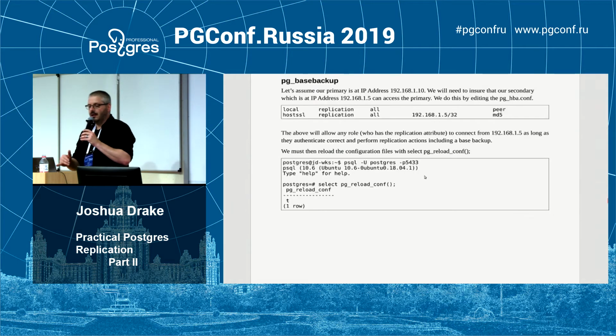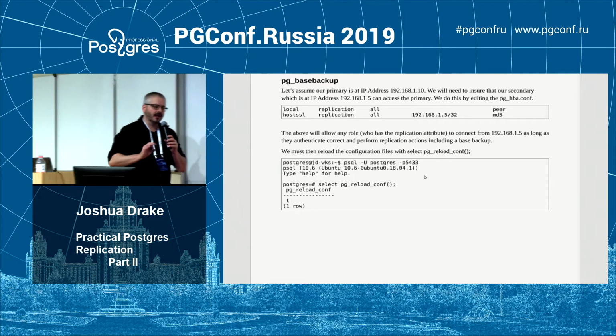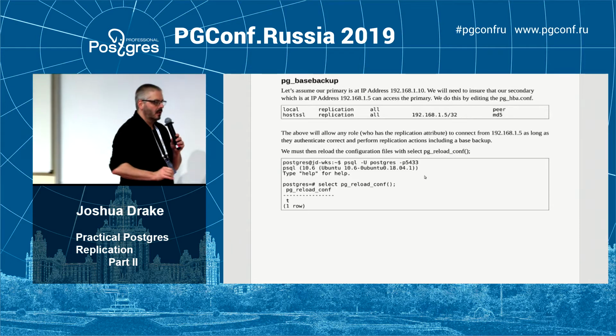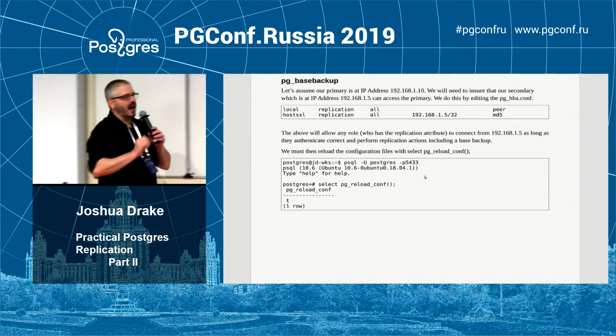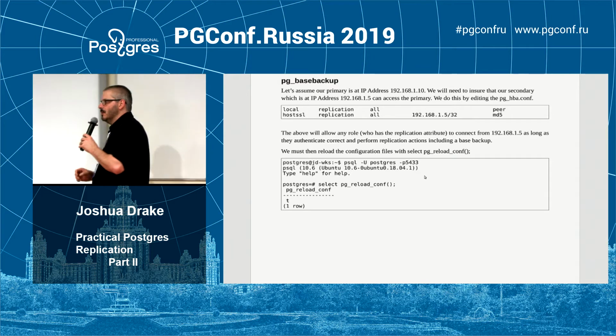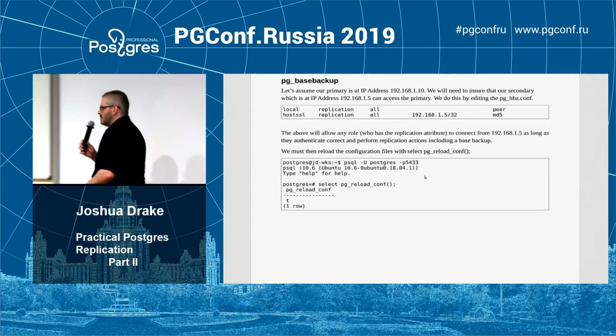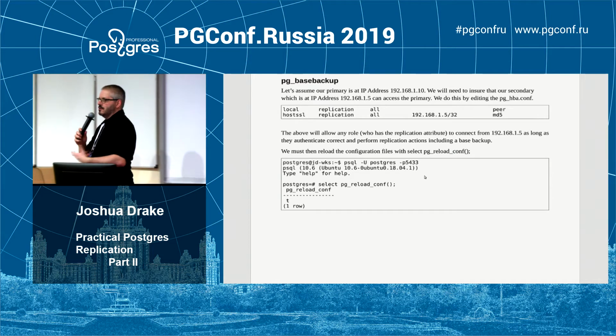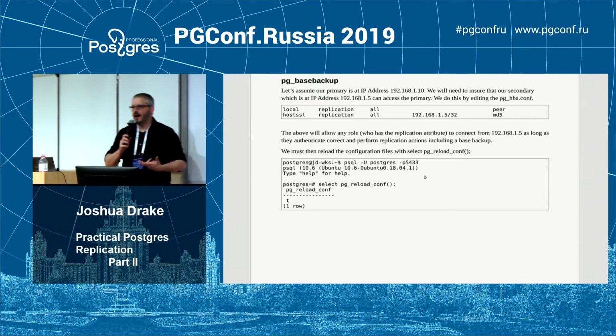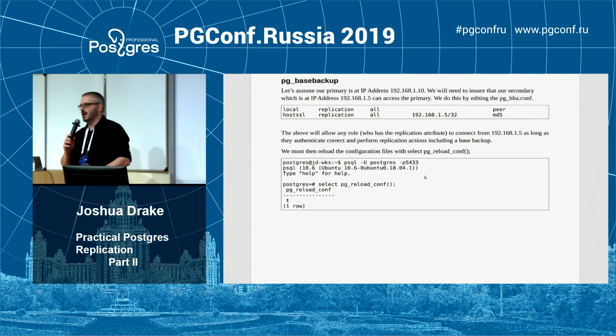The above will allow any role who has the replication attribute. This is the key. You have to have the replication attribute. So when you create your replication user, I'm cheating here. I'm just going to use postgres. You probably shouldn't do that. You should probably have a separate user for replication.